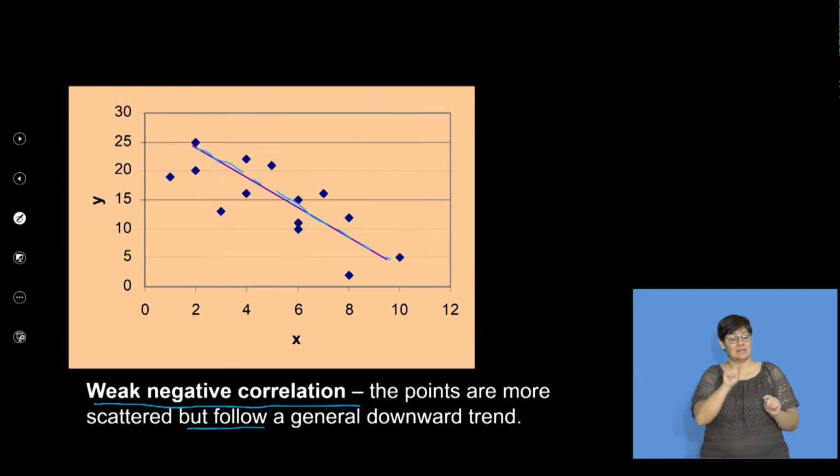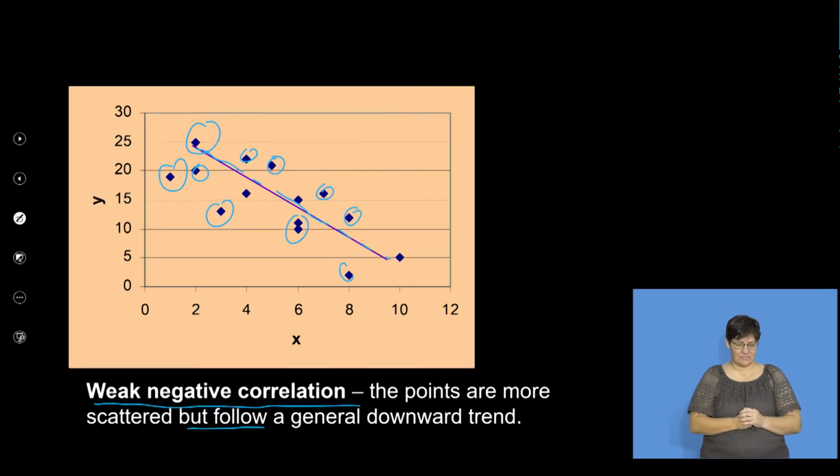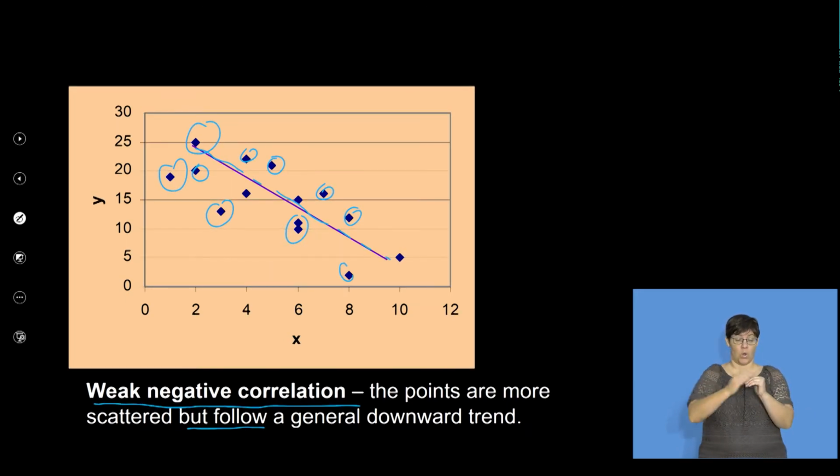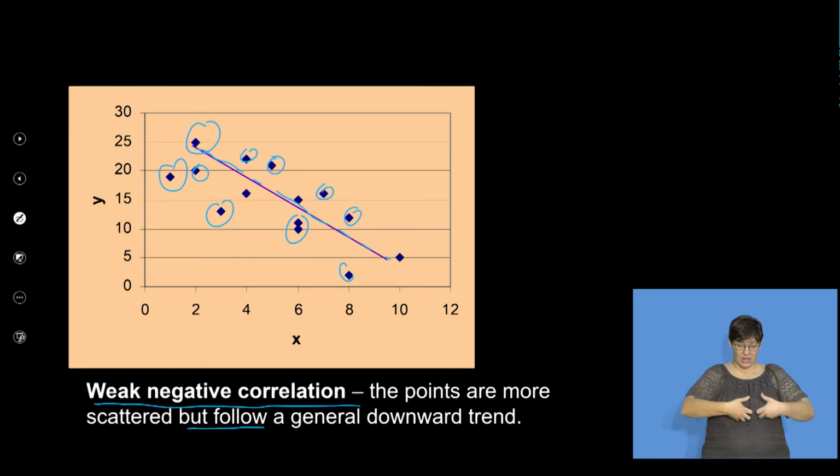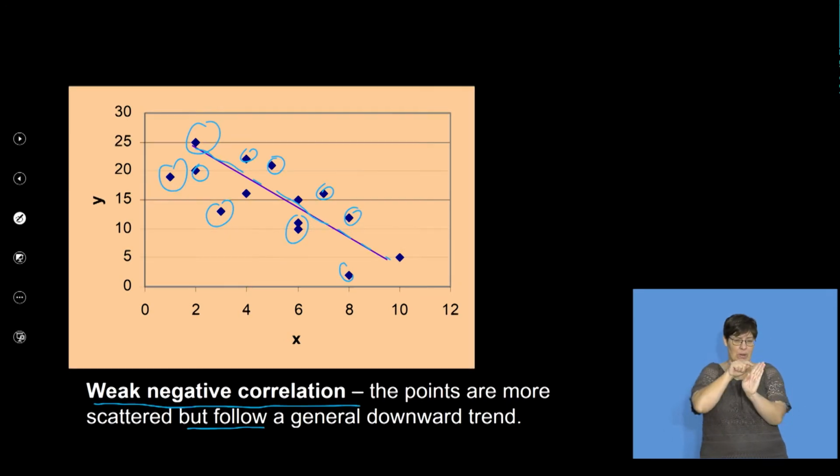Those are some of the points. We can draw a straight line with a negative gradient, and the points are slightly closer to the straight line. Hence, we can conclude a weak negative correlation or association. Okay, fantastic.